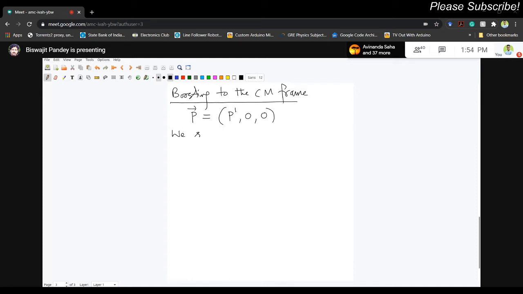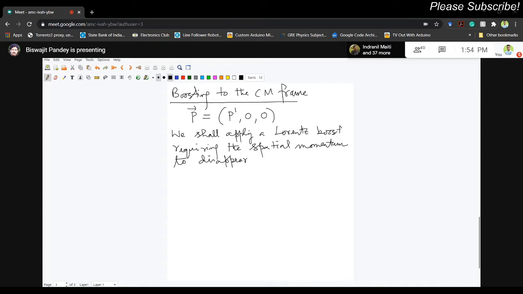We shall apply a Lorentz boost requiring the spatial momentum to disappear. So we are looking for a frame where the spatial momentum will be 0. So let us take this example and find out the center of momentum frame.